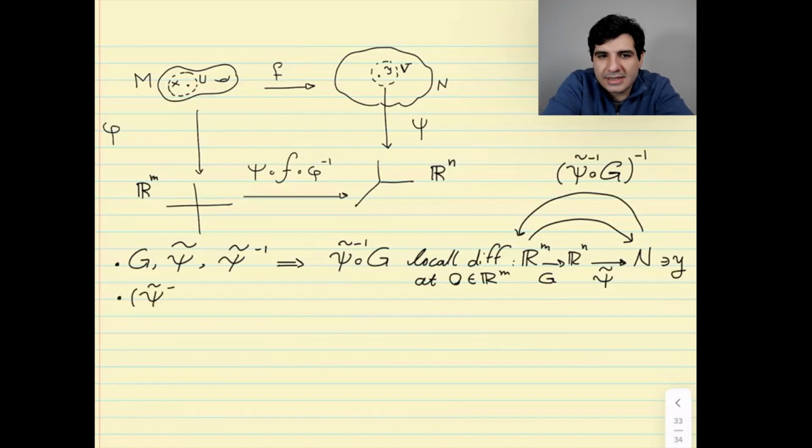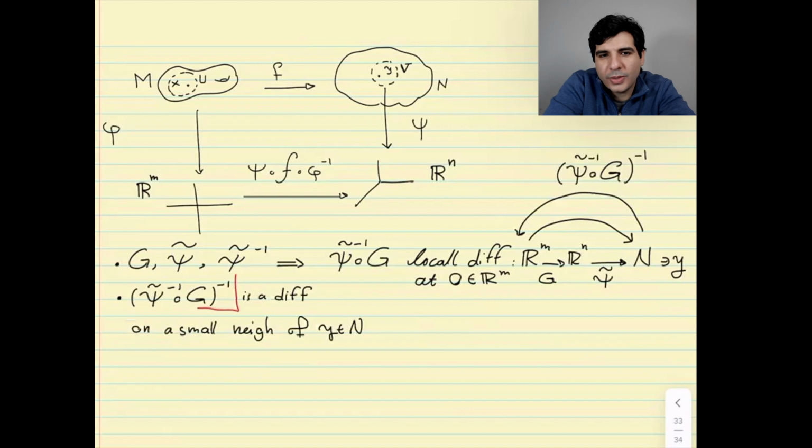And this map is exactly what we should be using as our psi. So it is a diffeomorphism on a sufficiently small open neighborhood which contains y in n. So the claim is that this is the correct chart to pick instead of psi tilde.